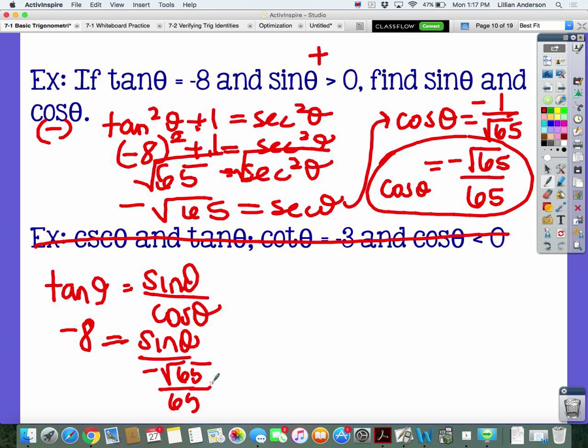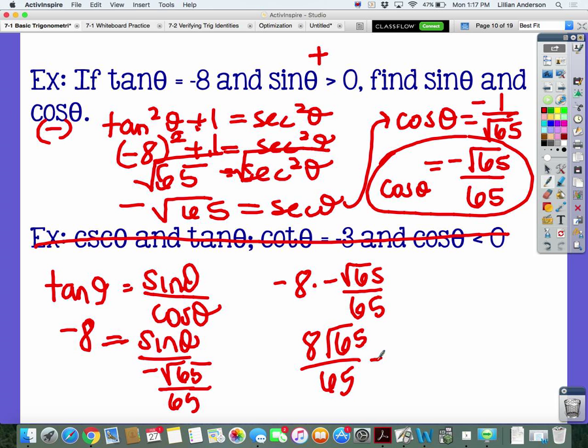And just like before, I want to do that shortcut trick, which I'm basically going to multiply -8 and -root 65 over 65 to get my sine. Two negatives make a positive. Remember, sine had to be greater than 0. So sine is 8 square root of 65 over 65. That's the same answer that you would get if you used the other Pythagorean identity or if you did it some other type of way.